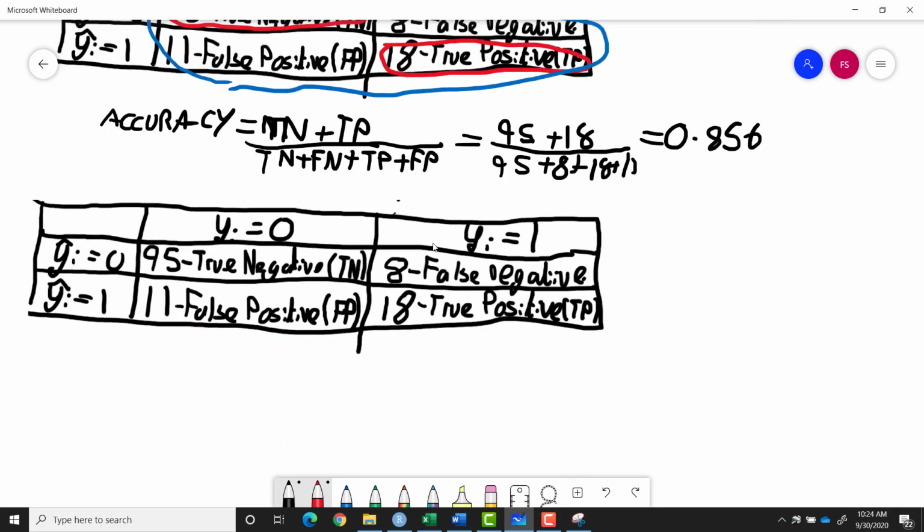So next, we're going to have what we call recall. Now, basically what recall is, it's going to be the number of true positives, what we get correct. Actually, this is the precision. So the precision is the true positives over the true positives plus the false positives.